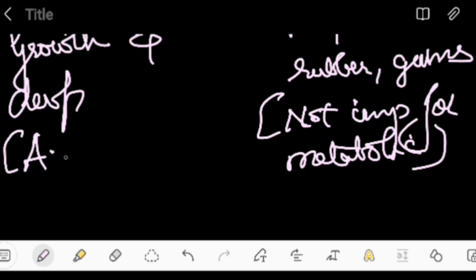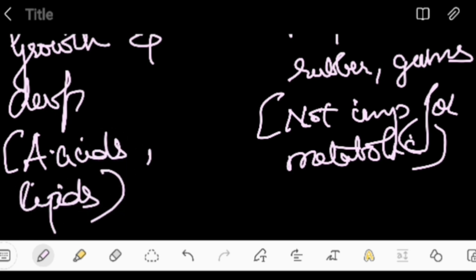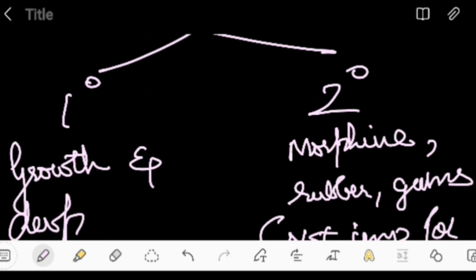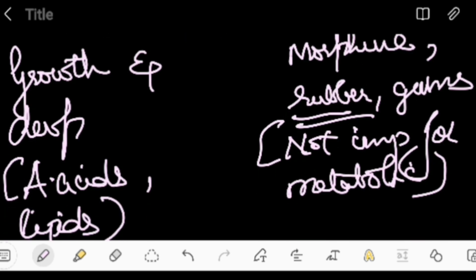For example, your amino acids, lipids and all. They are important for growth and development, and thus they come under the category of primary metabolites. But secondary metabolites are not involved in your metabolic activities. They are just important for human welfare. Rubber, it is for us. Gums, you chew mostly, isn't it?